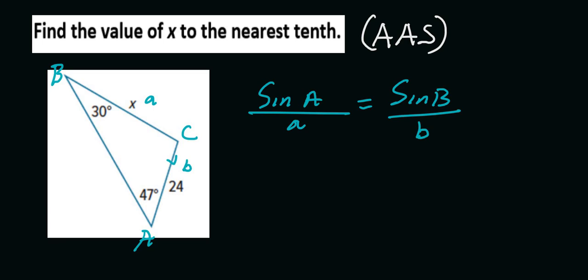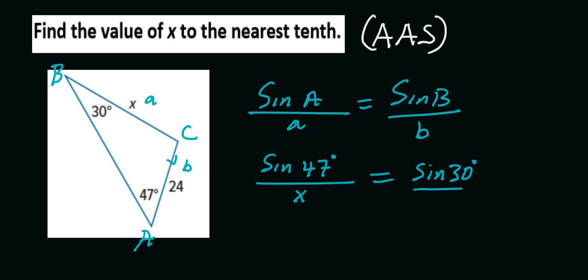So uppercase A is 47, so this will be sine 47 degrees over lowercase a unknown, which is x, and that is equal to, the uppercase B is 30, so sine 30 degrees over the lowercase b, which is 24.